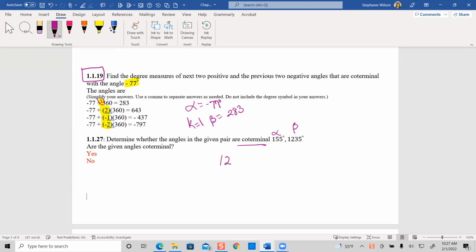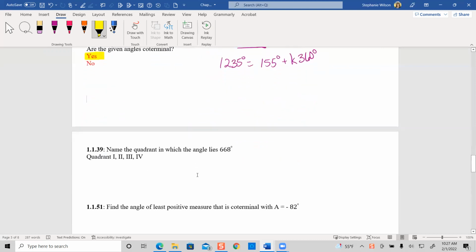So that means I get 1235 is equal to 155 plus the K of 360 degrees. And we want to know, are they coterminal to each other? So if I pick points for K and determine it, we're going to find out that yes, they are coterminal angles. Okay.